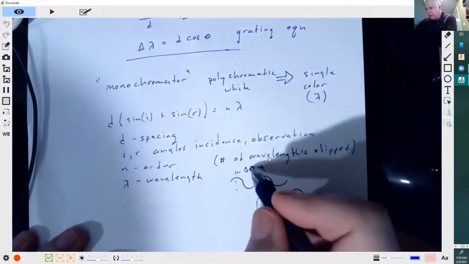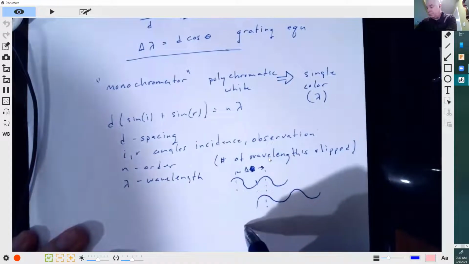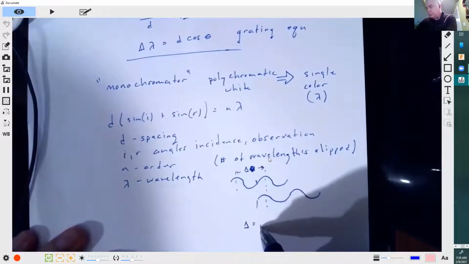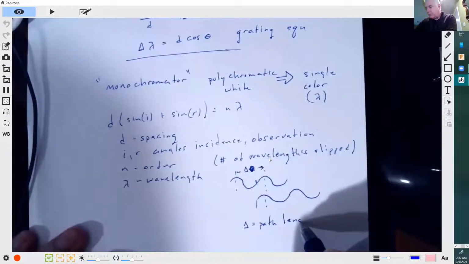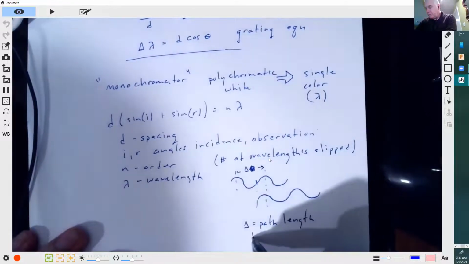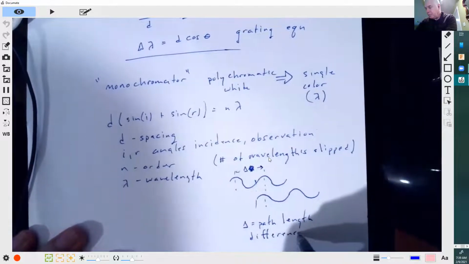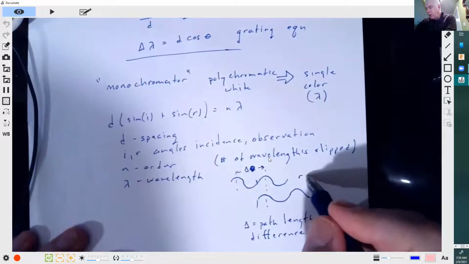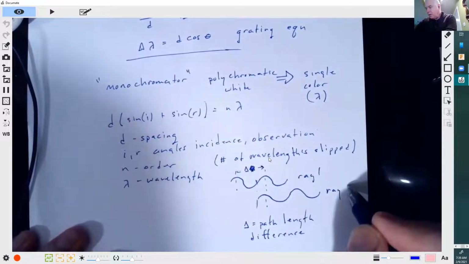This is the path length difference between ray 1 and ray 2.